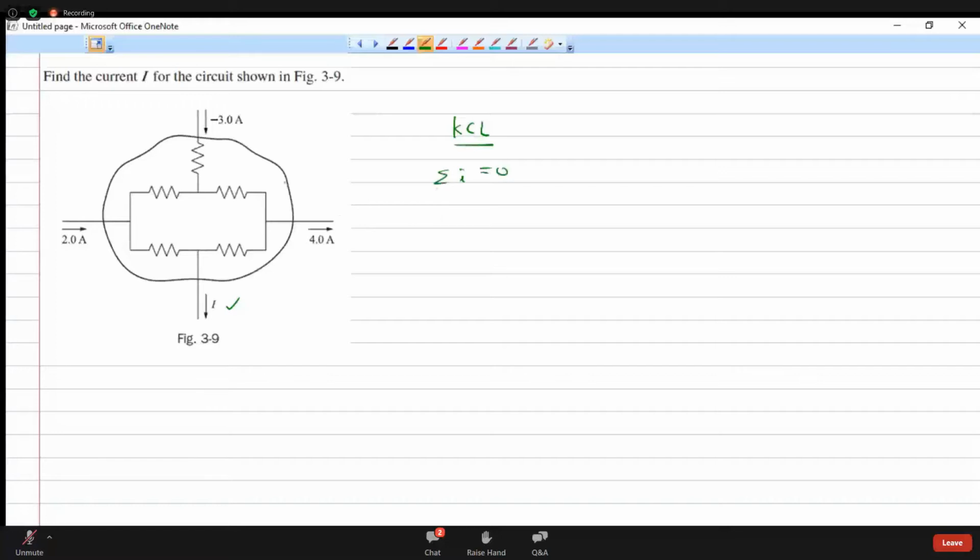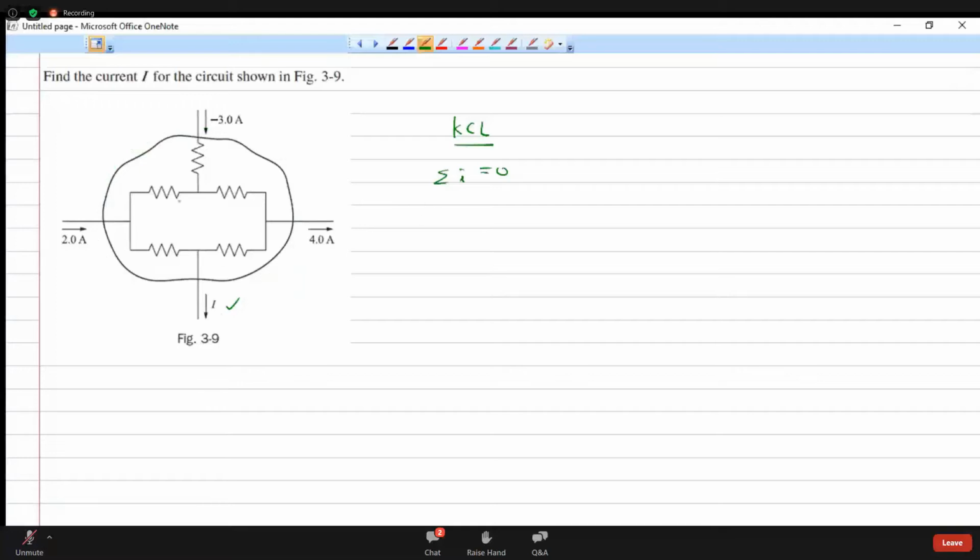Only thing, the node is shown like this entire closed shape. We can take that as the node. Some network elements are inside, but we don't have to consider them, because we are looking at the currents entering the network, since we need to find only what is coming out of the network.